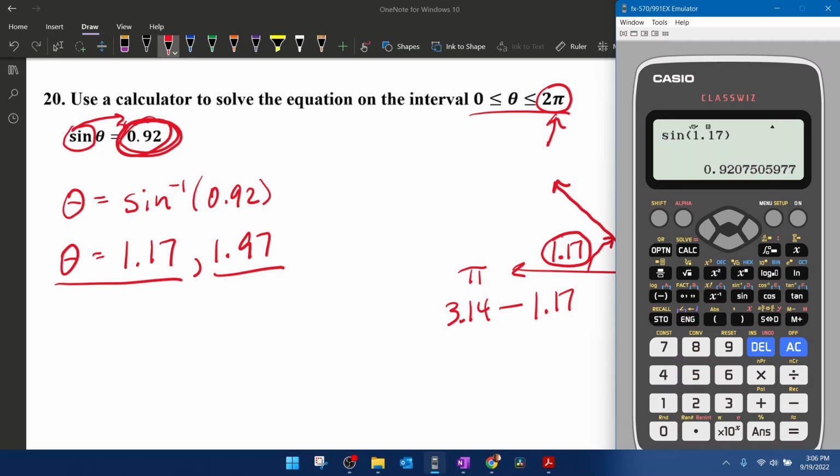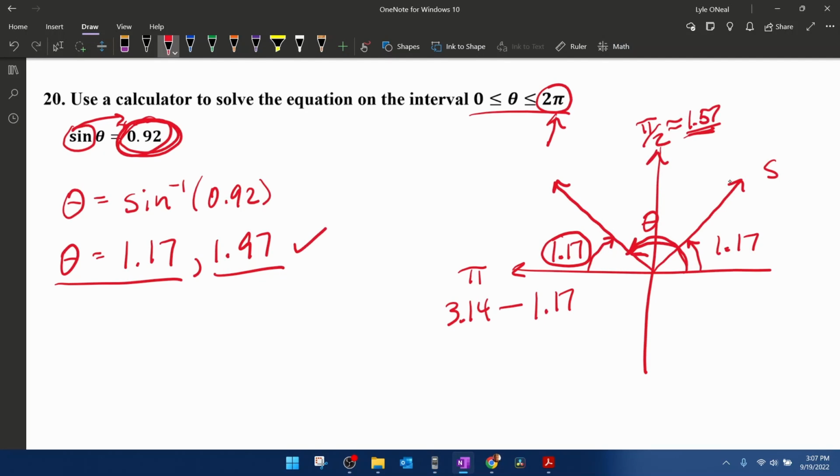If this decimal's not 0.92 or really close, then my angle is wrong, and we can back up and check that. We need to check also 1.97. Again, if that is correct, it'll round to approximately 0.92. And so we verified that these are correct answers, at least to the nearest hundredth.